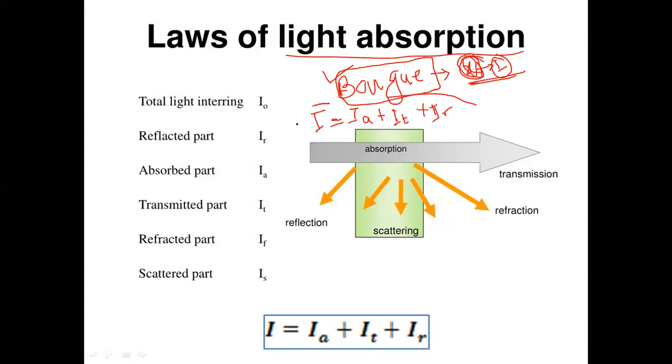So this incident intensity of light is used by the medium in three different ways. Also there is scattering. So the light can be utilized by the medium in different ways.